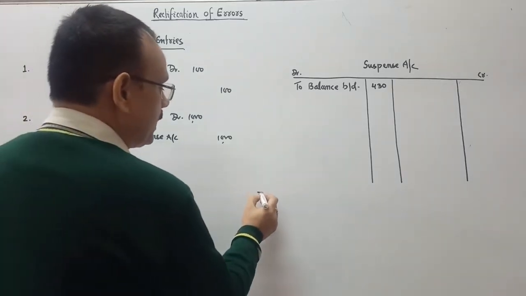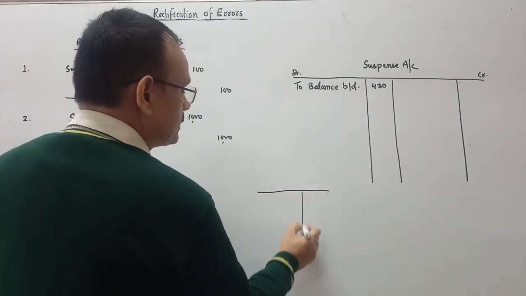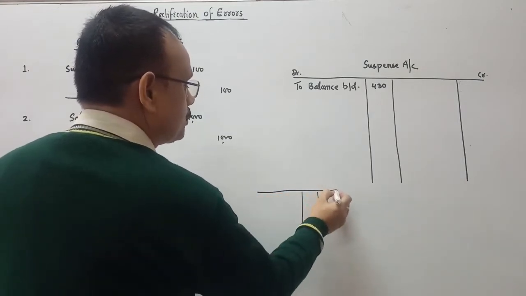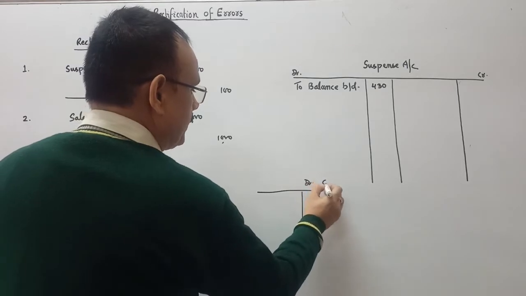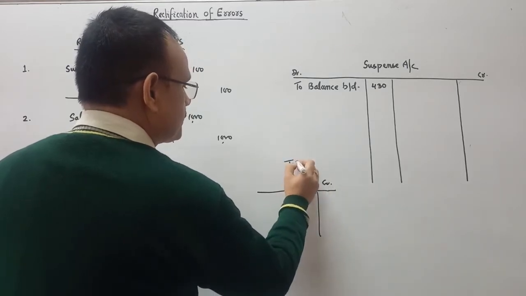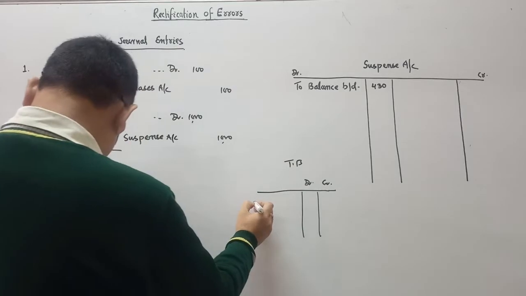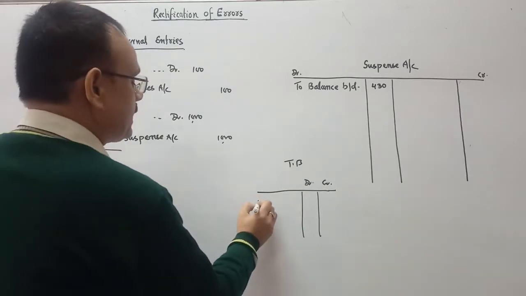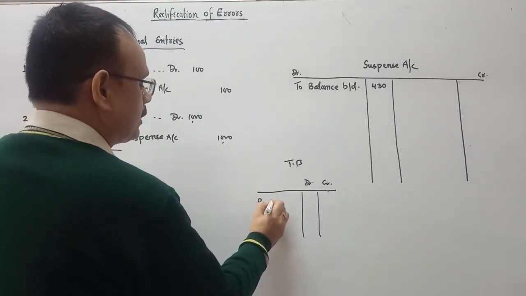Now see what effect comes in the trial balance because of this particular error. On the debit and credit sides of the trial balance, goods purchased: purchase account debit to Umakant, you know the entry.